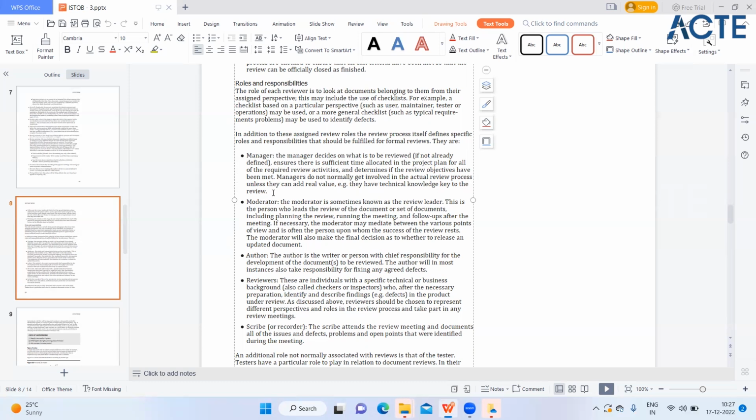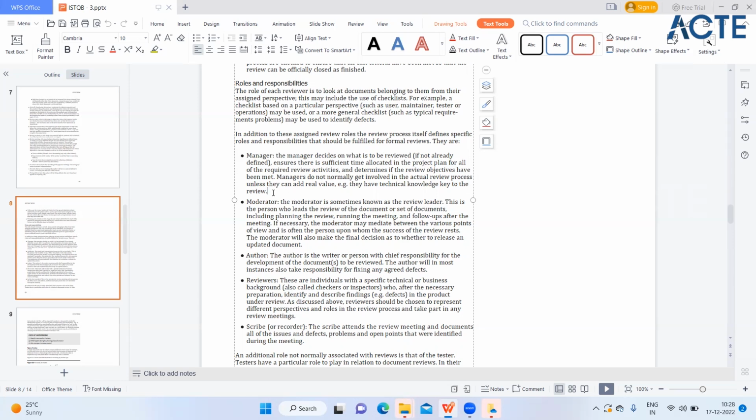He will review things in a broad way, checking whether proper reviewers are available, the timeline, and the review activities. If he has more technical knowledge and a better idea, he will be involved in the actual review process, otherwise not.